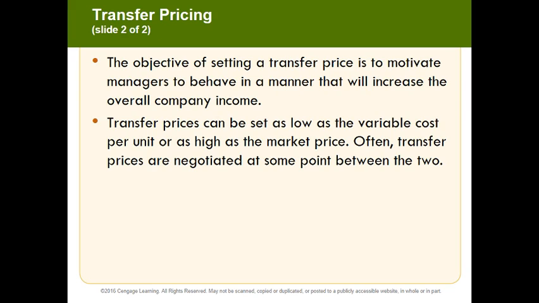Management has to make that determination. So management can set those transfer prices as low as the variable cost per unit, or as high as the market price. Most of the time, it's going to be at some point in between. That way, each division actually generates revenue from the use of the transferred item.